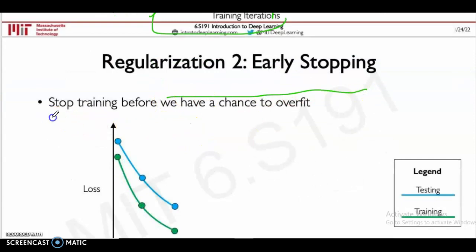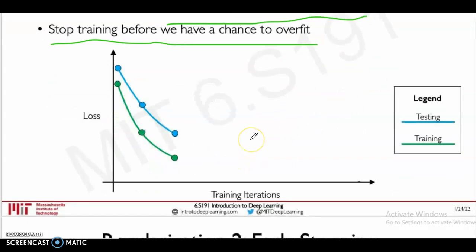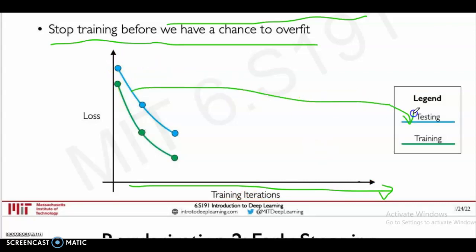Early stopping: stop training before we have a chance to overfit. The training iterations are going on; this one is testing and this one is training. At the start of training, the loss is high, and in testing also the loss is high.